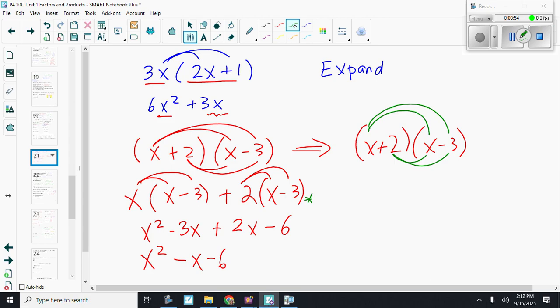I go x times x gives me x squared. X times negative 3 gives me negative 3x. 2 times x gives me 2x. And positive 2 times negative 3 gives me negative 6. Now I can collect like terms. My answers are exactly the same. I was just able to condense a step by using FOIL.